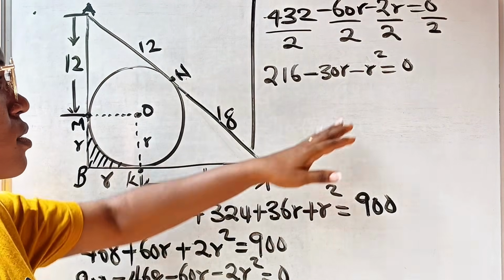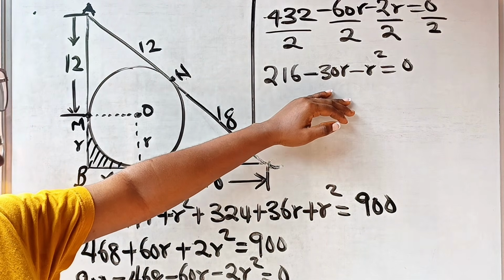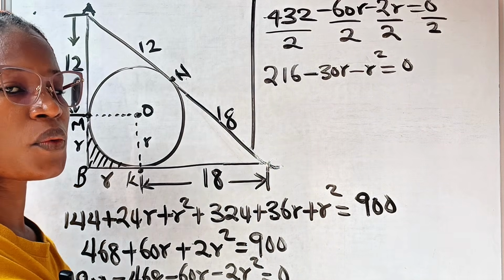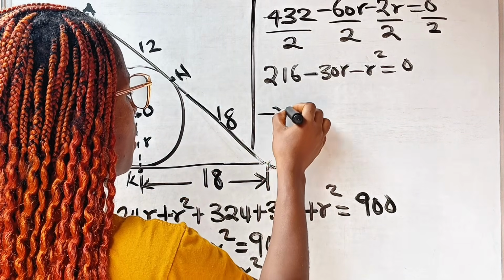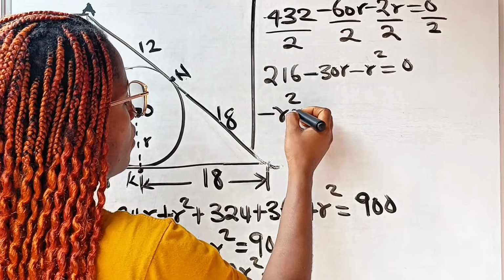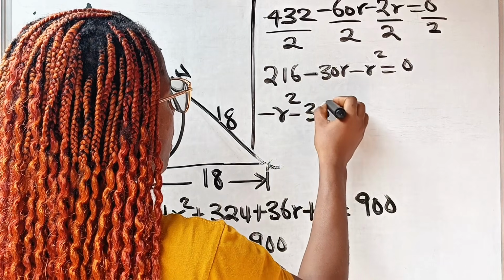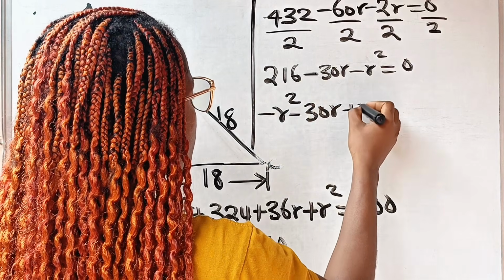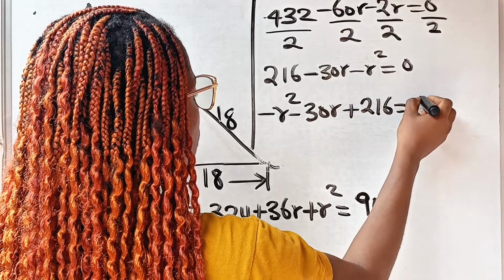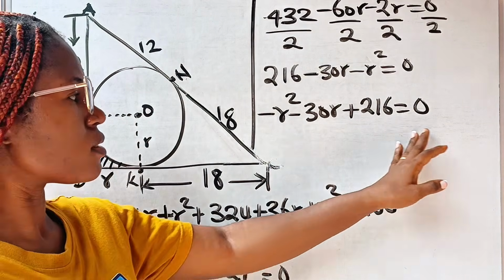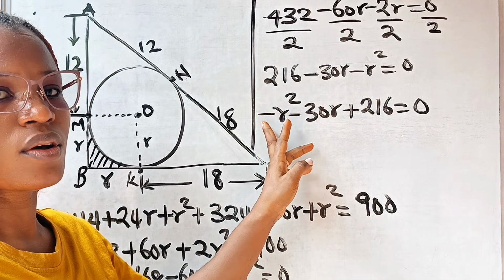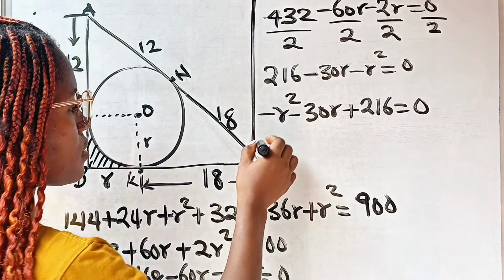Now let's arrange this well. As a quadratic equation, r squared is supposed to come first. So we have minus r squared minus 30r plus 216 is equal to 0. Now let's divide both sides by minus 1 in order to clear the negative signs.